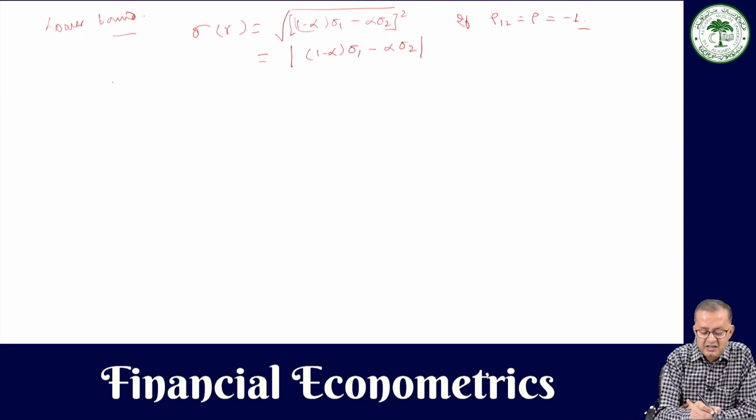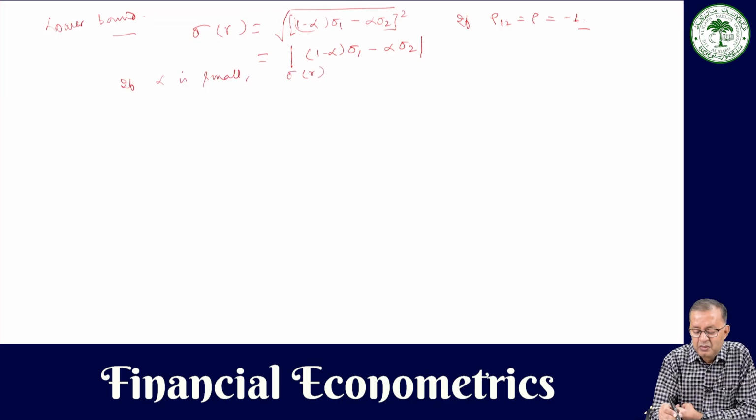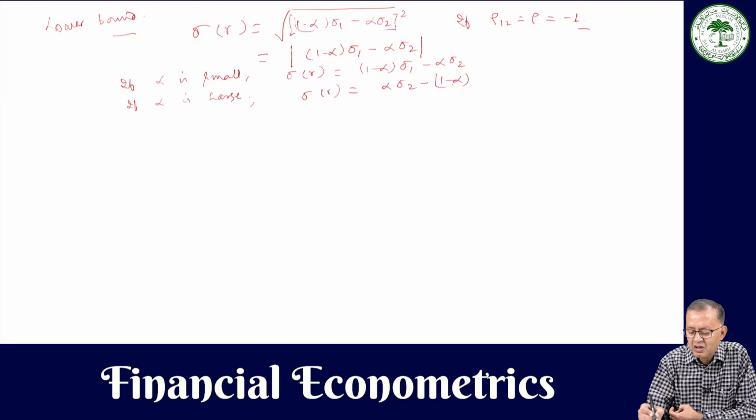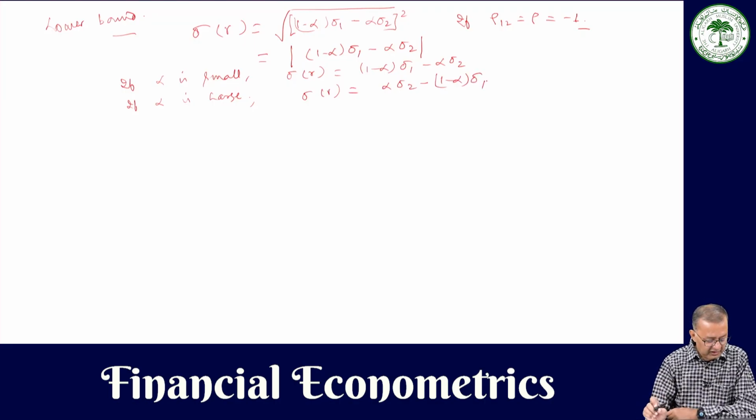If alpha is small, then this sigma R will be (1 minus alpha) sigma 1 minus alpha sigma 2, positive. If alpha is large, then the sign will change, and this can be written as sigma R equal to alpha sigma 2 minus (1 minus alpha) sigma 1.